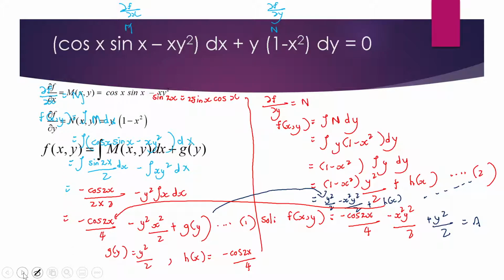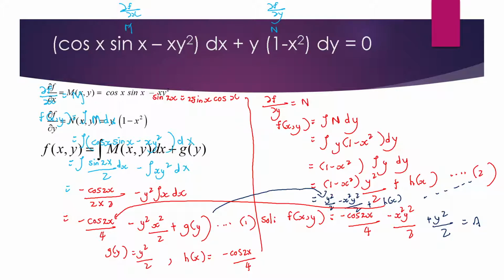Doctor, sorry, I don't understand the g(y), h(x) thing. Okay, g(y) is a function of y. To get g(y), you look into the second equation, it must be only the y term. The y term consists of y only, which is y squared over 2.